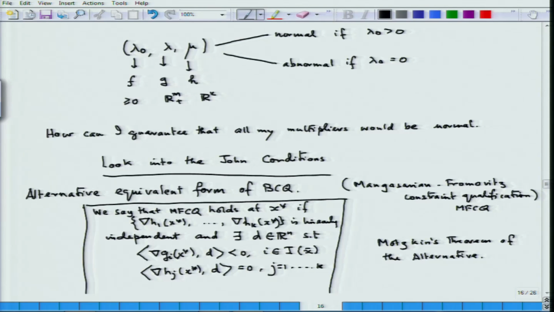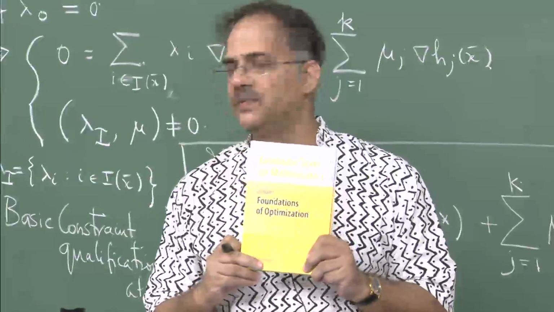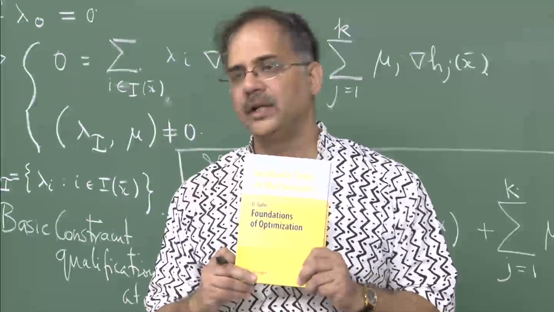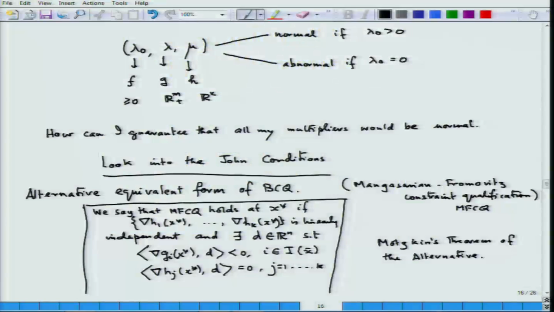Let us first mention the Motzkin theorem of alternative from the book Foundations of Optimization by Osman Guler, and I have already mentioned this book at the beginning. Please take care that this book is very useful for anybody who likes to do some advanced study in optimization, an excellent book.